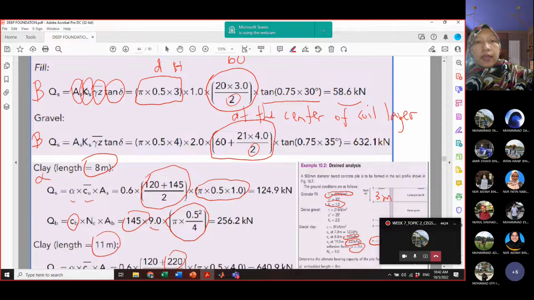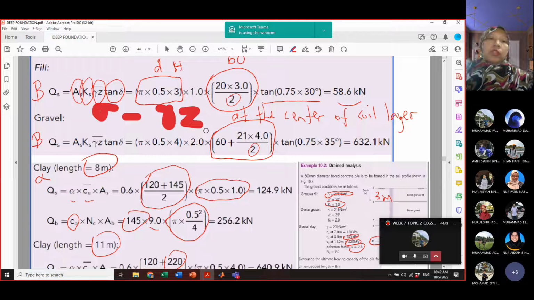This 1 is KS times the overburden pressure. The symbol for overburden pressure here is sigma equals gamma times Z. In this case, we take the overburden pressure at the center of the depth, in other words the average effective overburden pressure.